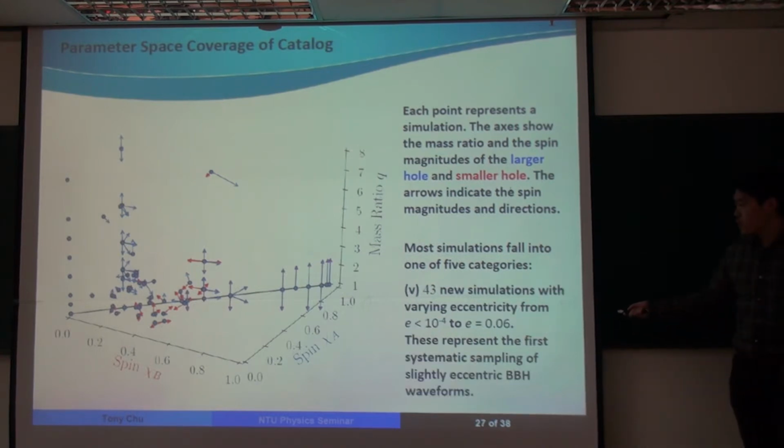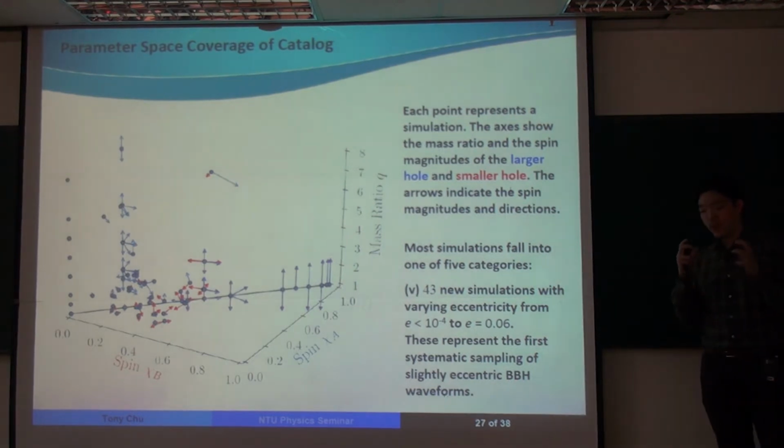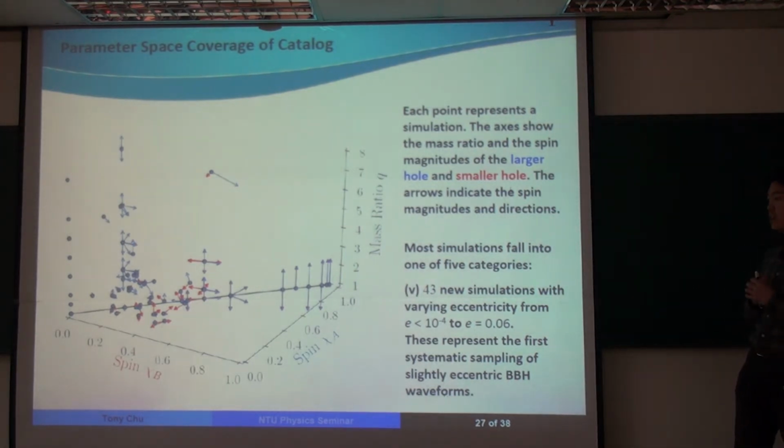And then we've also included some simulations with varying eccentricity, from less than 10 to the minus 4 up to 0.06. It's expected that astrophysical binaries have essentially zero eccentricity, because during their history of inspiraling they emit gravitational radiation that carries away angular momentum, and the orbit has circularized once the black holes are close to merging.